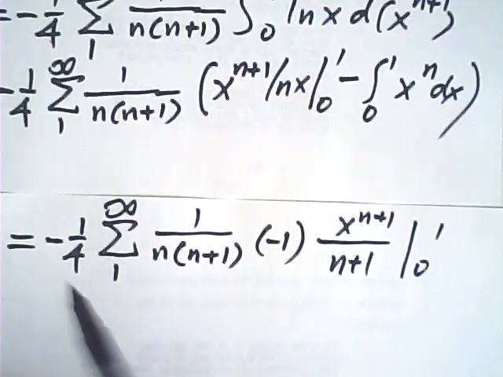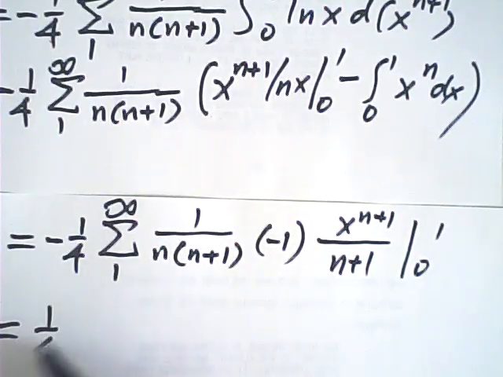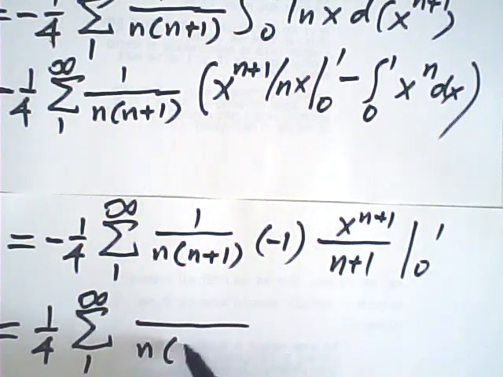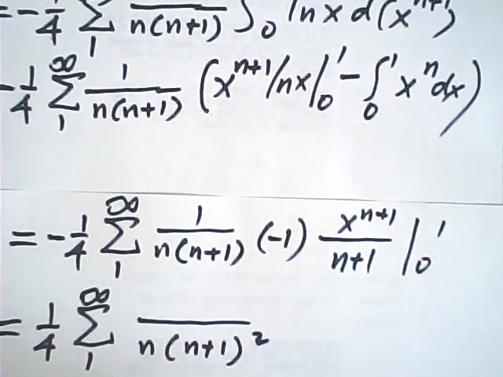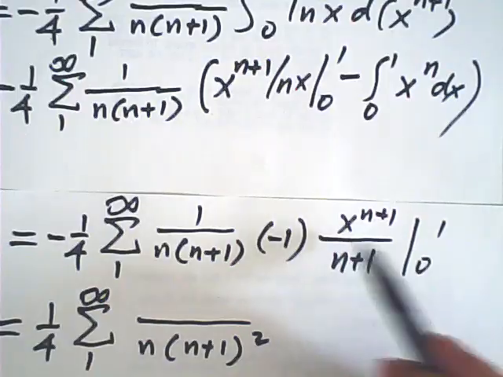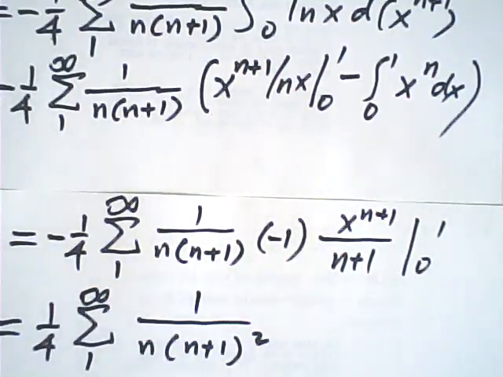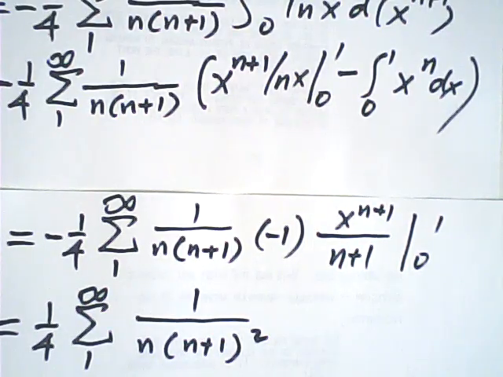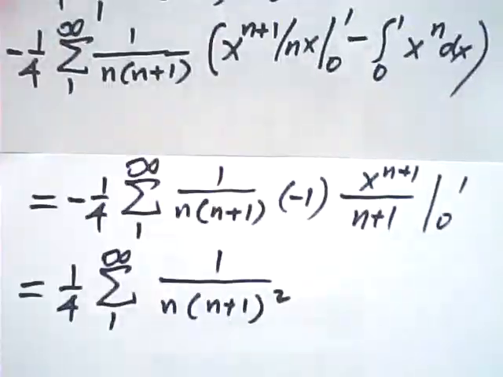So this negative cancels with the negative and becomes a positive. Sigma from 1 to infinity of 1 over n times (n plus 1) squared. This is 1, this is 0, so equal to 1. Wow. Very good.